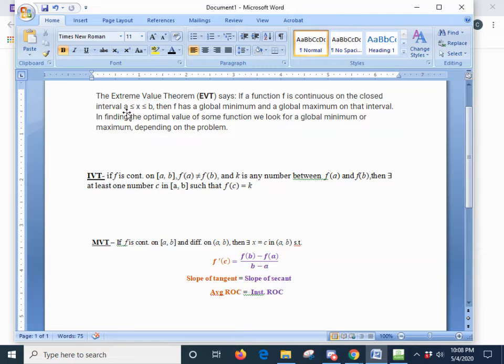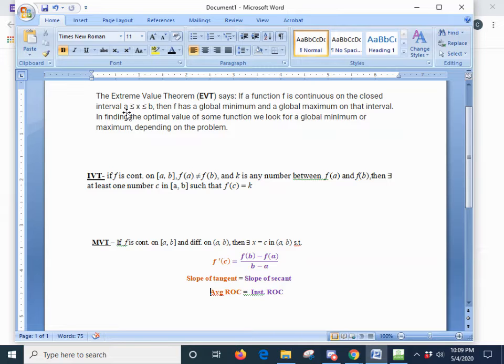All right, for the IVT, intermediate value theorem, your function has to be continuous, just like in EVT. But what you do is you look at the y values of the endpoints, and you're in search of an x coordinate c in between a and b within the closed interval, such that f of c is equal to the y value that you're looking for.